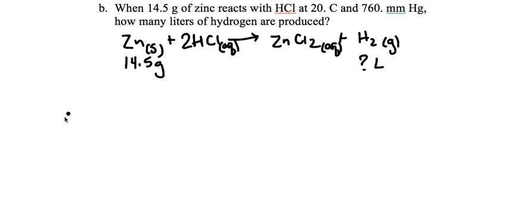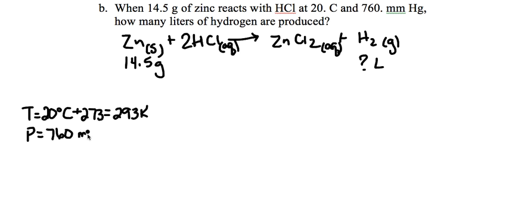I'm going to gather my information from the problem, which tells me that the temperature this whole thing is going to happen at is 20 degrees Celsius. Again, I don't like Celsius. We need to convert right away to Kelvin, and so we get 293 Kelvin. The pressure is given, that's 760 millimeters of mercury.